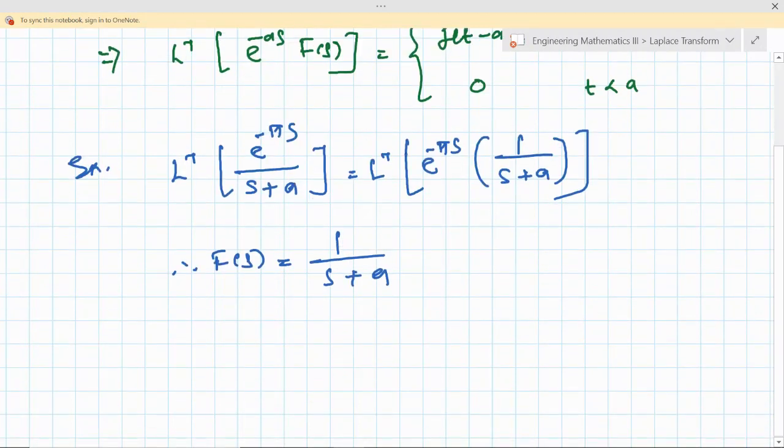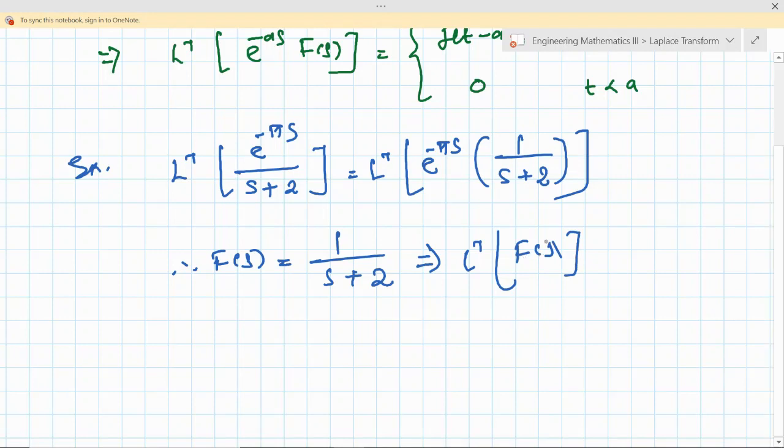Suppose I take a as 2 here, so instead of this a, just take it particularly so that you will not get confused. This is my s plus 2. Now this is e raised to minus as into F of s. And from this, what is the inverse of this F of s?